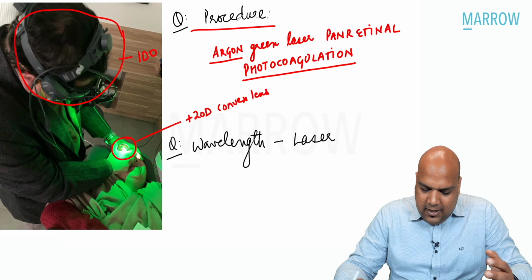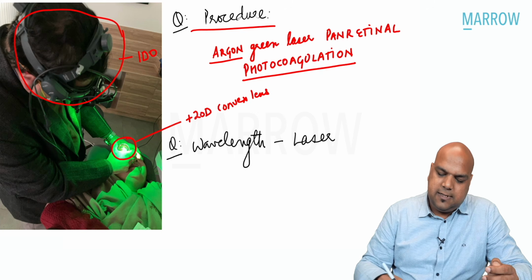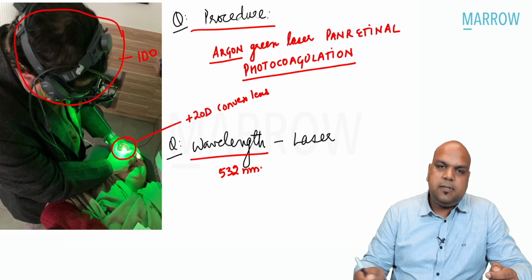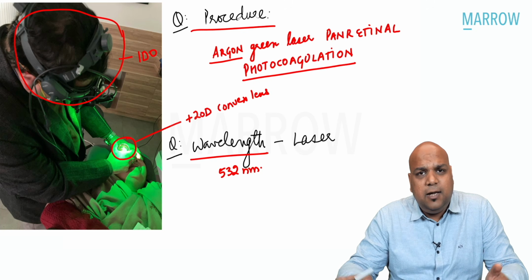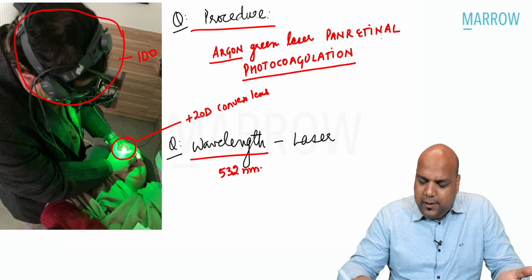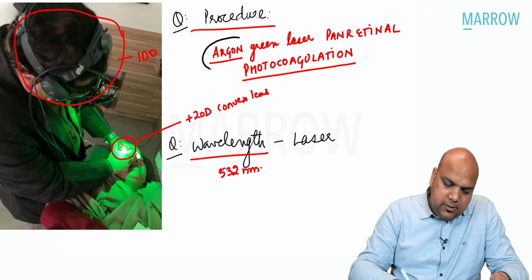Now, the next question that I have written on the screen is, what is the wavelength of this laser? We know the laser is argon green, so the wavelength is 532 nanometers. Now, what other procedure is argon laser used to do apart from pan-retinal photocoagulation, if anyone remembers? A very important procedure.